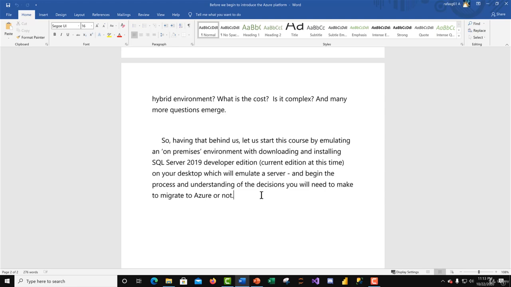So in the next video, I'm going to download and install SQL Server 2019, and then I'm going to restore the SQL database AdventureWorks 2019. And then from there, I'll move on to giving you examples of what the Azure platforms look like, the Azure cloud models, and determine how and when to move to those environments.